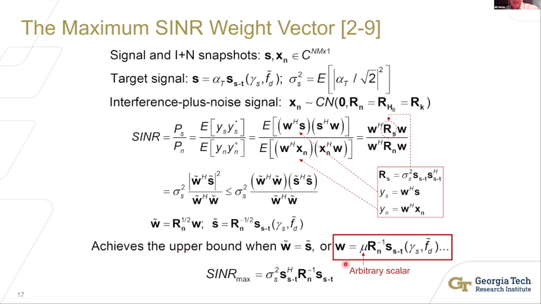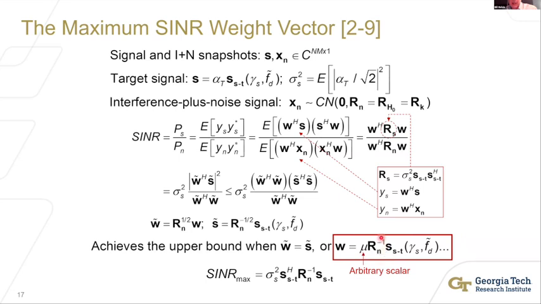I just want to point out that if you went through the exercise of maximizing output SINR, you can form an expression that looks like this quadratic over this quadratic. And you can choose any weighting you want and characterize the performance with SINR loss. The optimal weighting is shown here in the red box. And that optimal weighting is the inverse of the null hypothesis covariance matrix times the space-time steering vector with an arbitrary scalar.